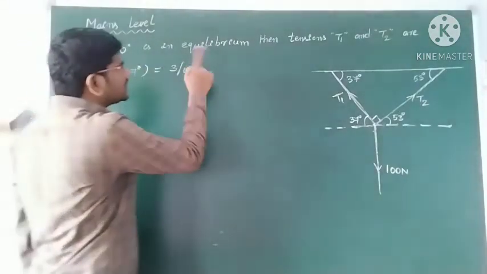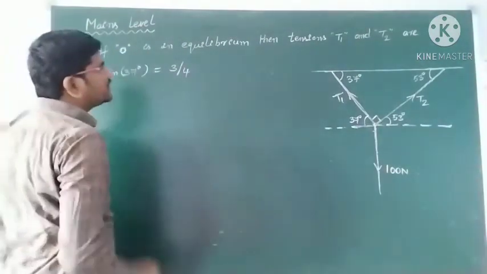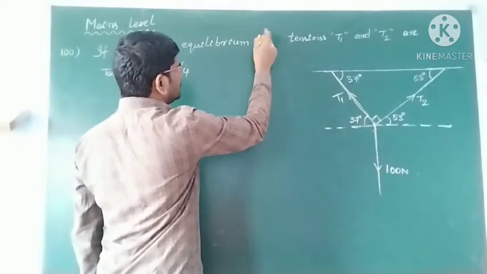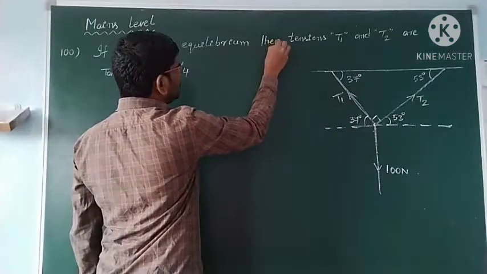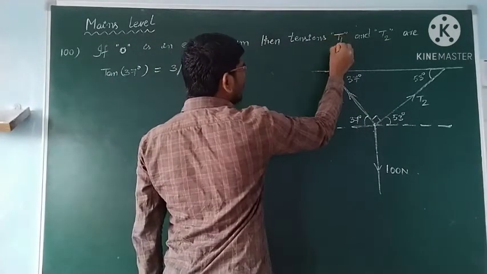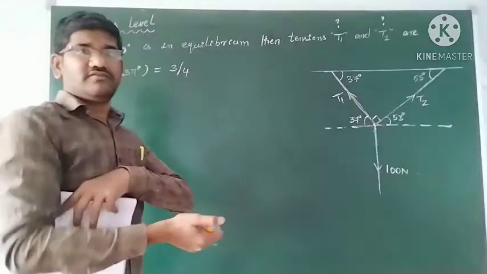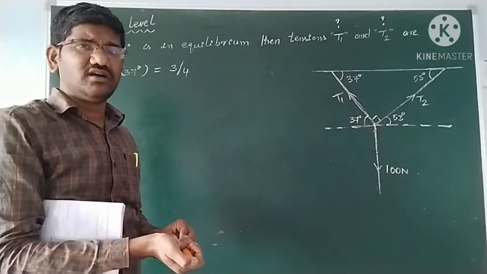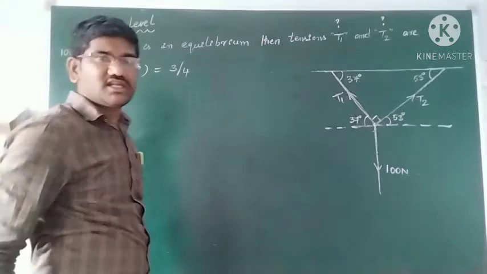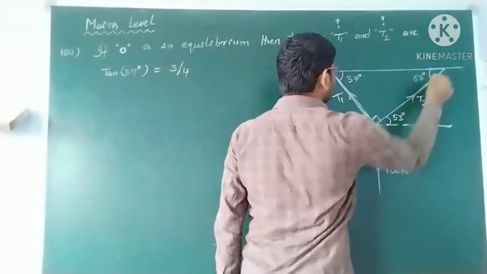If O is in equilibrium, find the tensions T1 and T2. We should find the value of T1 and the value of T2, given tan 37 degrees is equal to 3 by 4, and this is the given diagram.